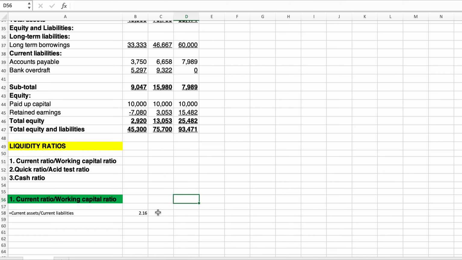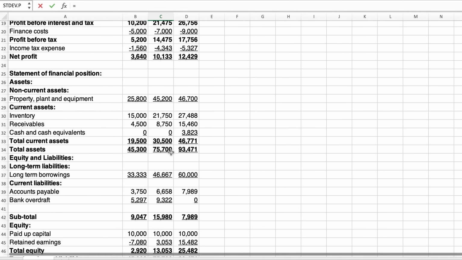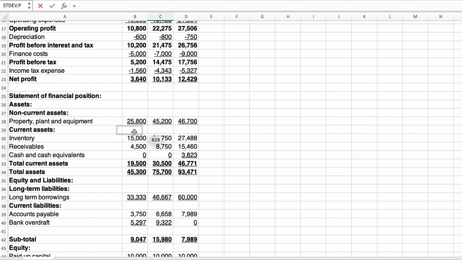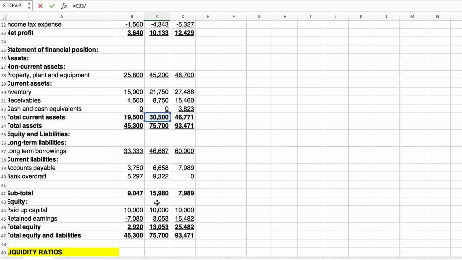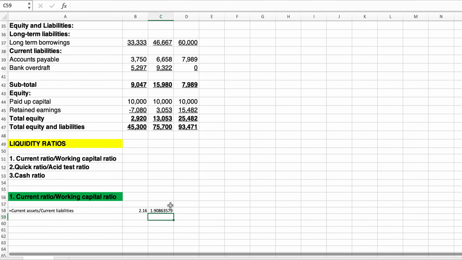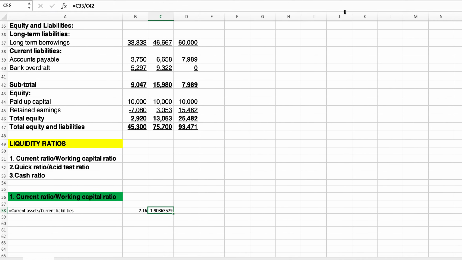Okay. So for the next year, which is 2021, our current ratio is equal to our total current assets, which is 3,500, divided by current liabilities. That is it.